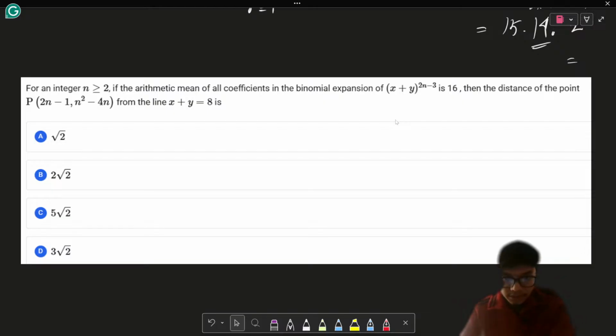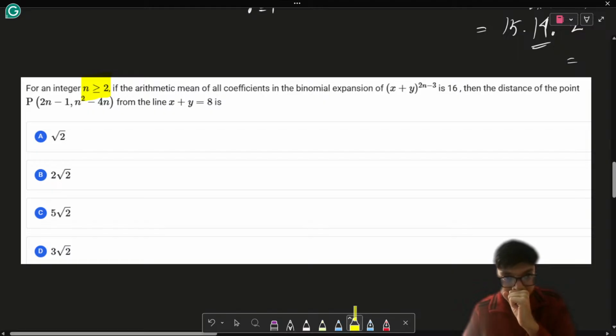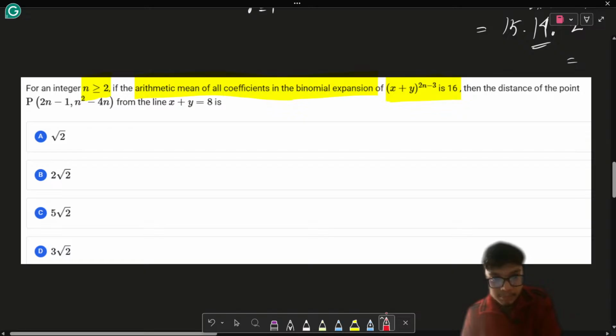Okay, so if I read through the problem, it is said that n is an integer greater than 2 and the arithmetic mean of all the coefficients of the binomial expansion of this particular term is 16. So if I write down the arithmetic mean, that means the summation of the binomial coefficients goes from nC0 to that particular term.